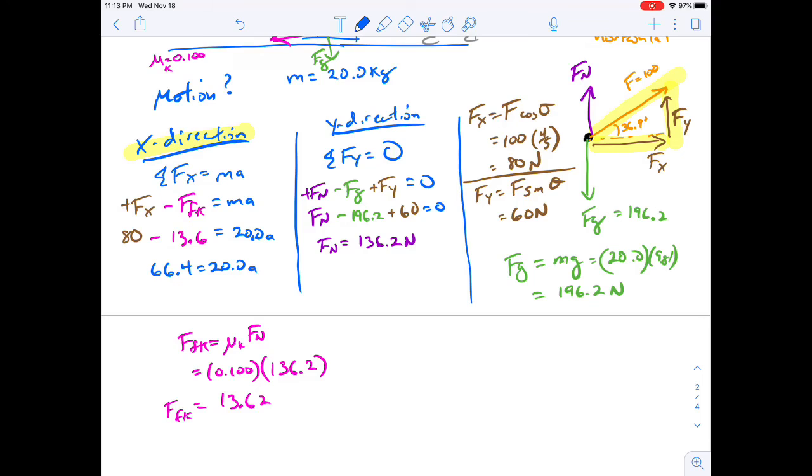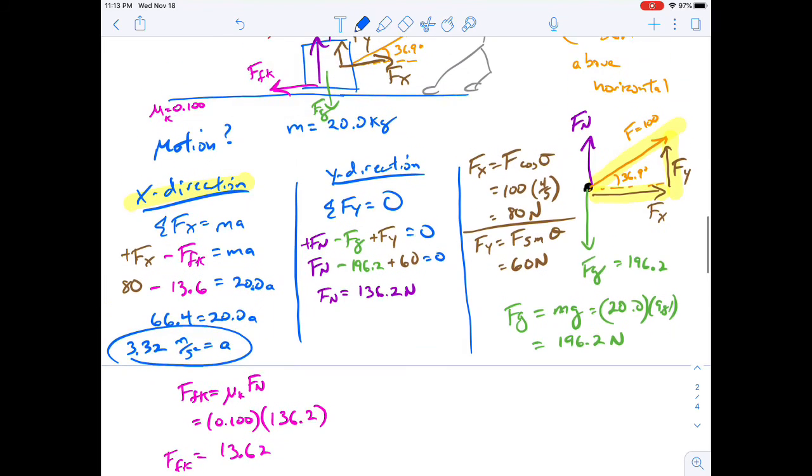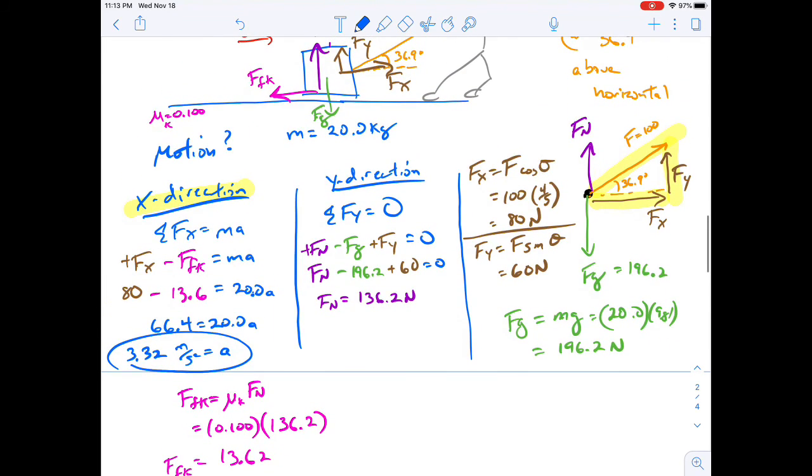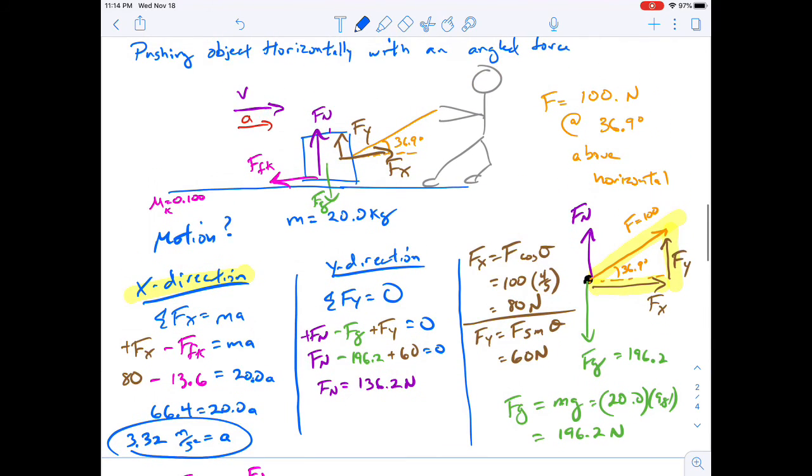Divide that by 20. All right, so 3.32. And this better be less than the previous answer of 4, because, you know, we got a little friction, so it's going to try to slow us down a little bit.